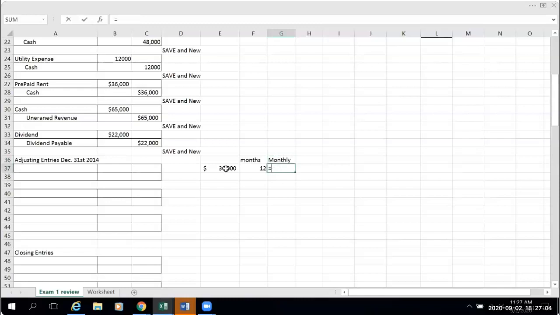Equals that number divided by 12, enter. So that's $3,000 a month, right? So a year will be how much?